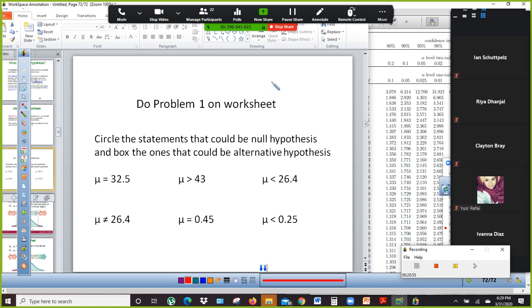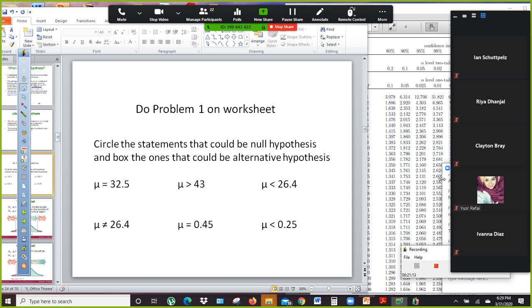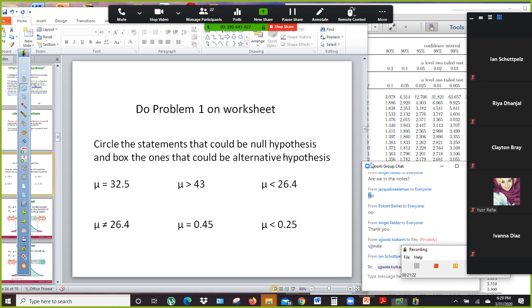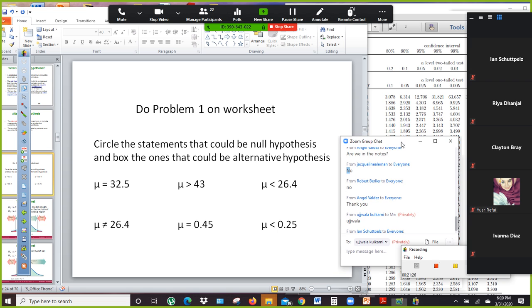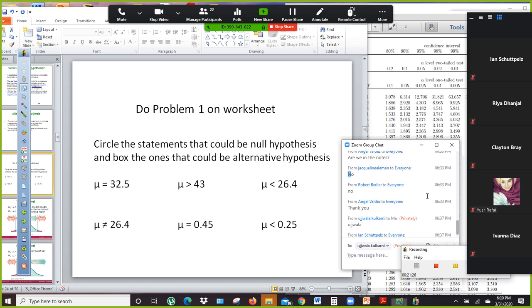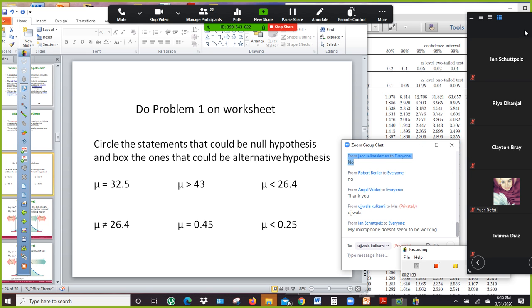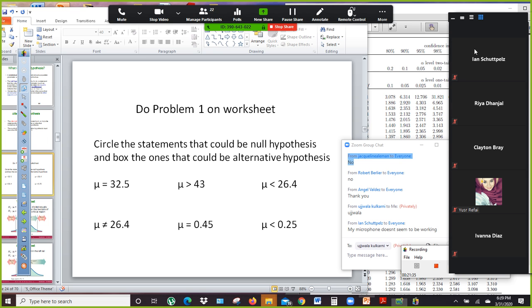The alternative is going to be greater than, less than, or not equal to.